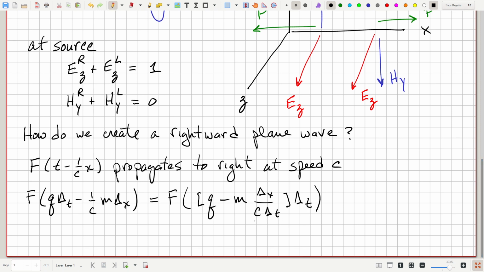Now, this is the inverse of the Courant number, and we're taking the Courant number to be 1, so that's 1. And so this has the form f of q minus m times delta t, and now let's call it little f, where we just cancel out the delta t, and this is little f of q minus m. Okay, so this would represent a field that's propagating to the right at the speed of light.